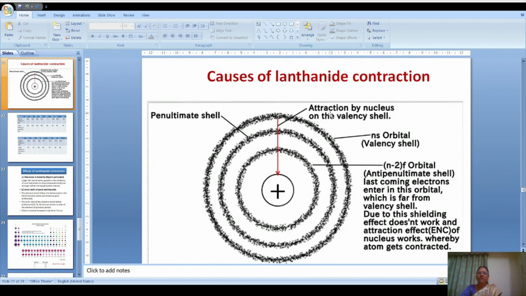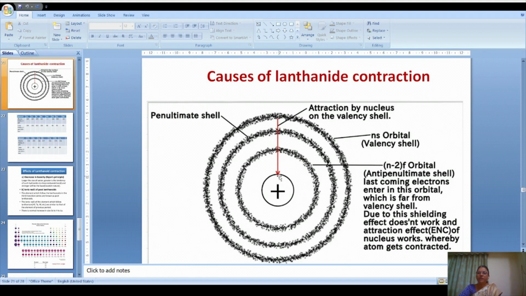Now we can see here, this is the outermost shell, that is the ns orbital, the valency shell. This is the 5d orbital, that is the penultimate shell, and this is the 4f orbital, the (n-2)f orbital. It is the anti-penultimate shell. This anti-penultimate shell is close to the nucleus, that is the 4f subshell is close to the nucleus, and it is away from the valency shell.